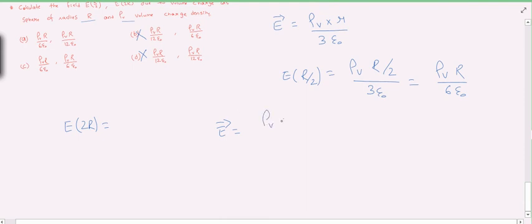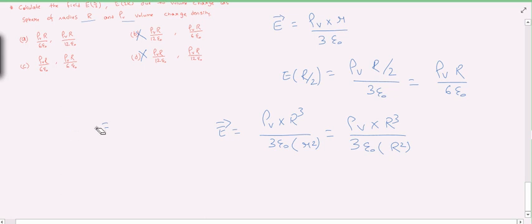So what is small r? We have to take it as 2r. So it will be rho v into r cube divided by 3 epsilon naught into (2r) square.